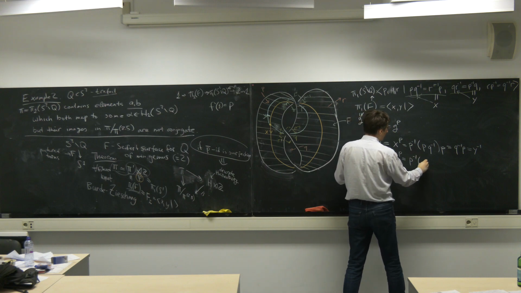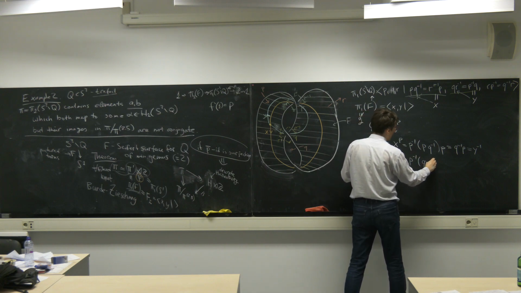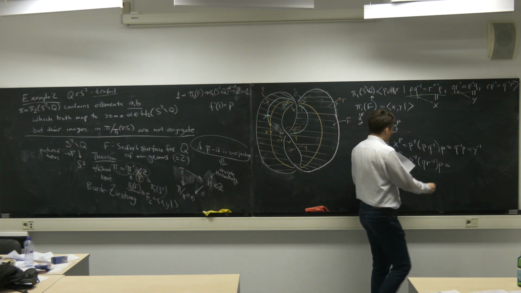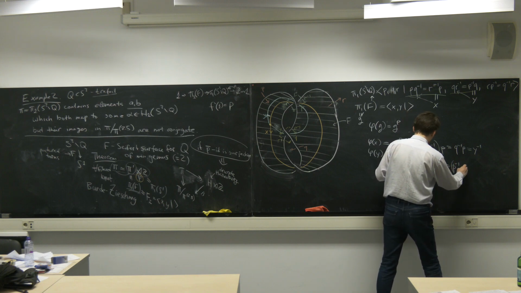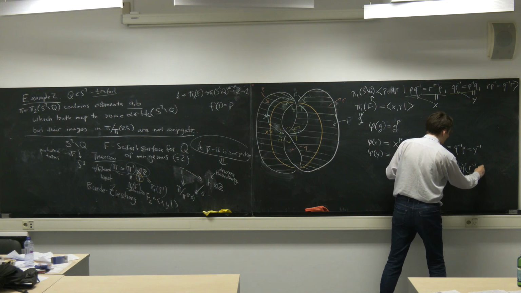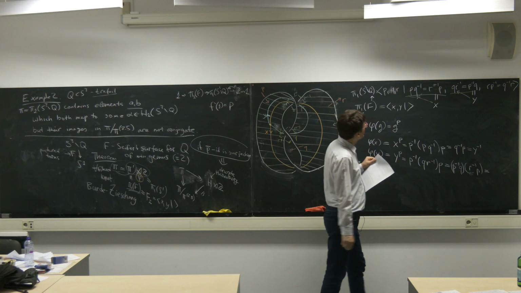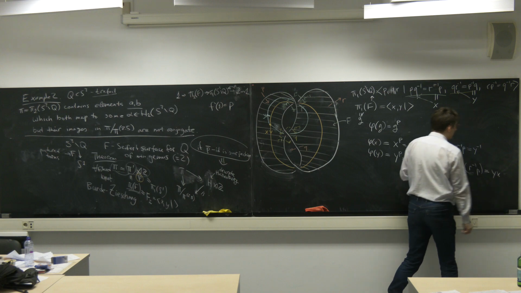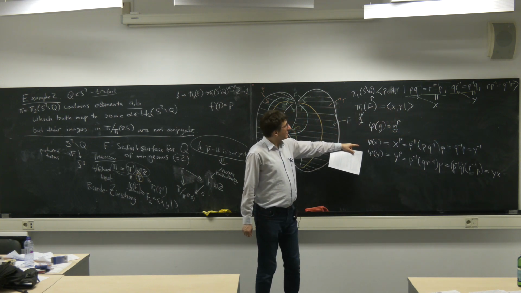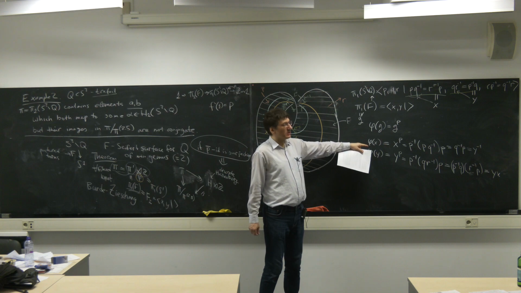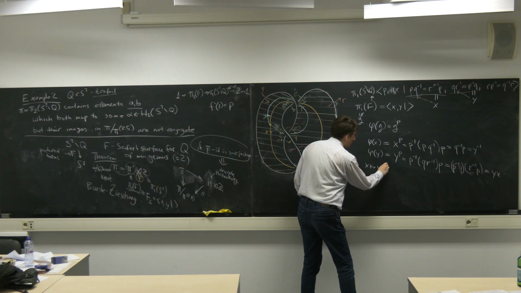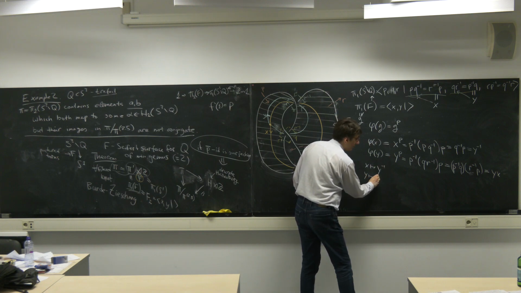So it's P inverse QR inverse P. And this is simply P inverse Q R inverse P, which is Yx. And so we get the same homomorphism as we had before. X goes to Y inverse and Y goes to Yx.